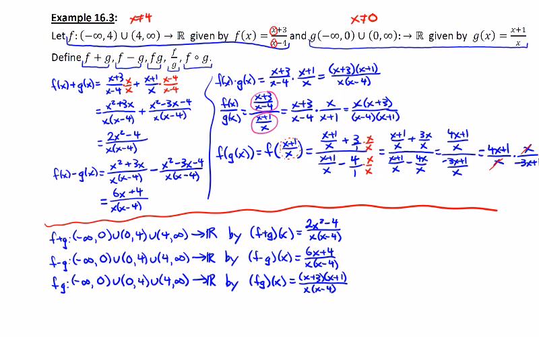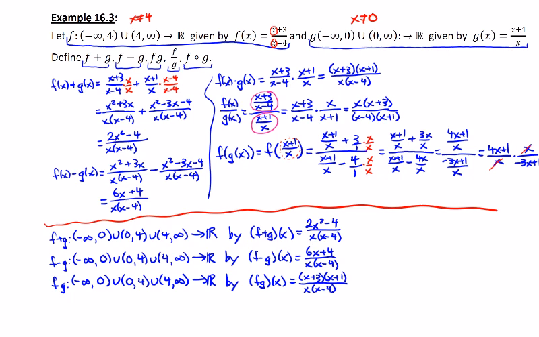So all three of those are going to have the exact same domain every time. But when we get to division, we are going to use this domain, and then we're going to include any other extra restrictions that come from the final equation.